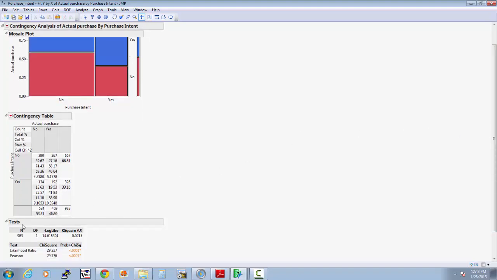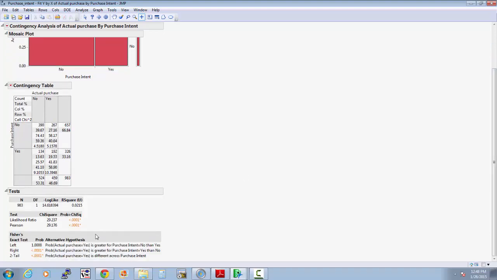And down here at the bottom under tests is a number that we will talk about in due course, called the Pearson chi-square statistic, which here is 29.176, and that's just the sum of the chi-squareds in each of the cells of the table.